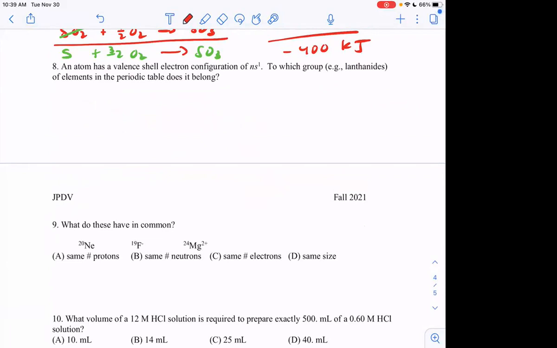So tell me what the group number is. 1, right? That's the alkali metals. Group 1 alkali metals, group 2 alkaline earth metals. And then, of course, you have your noble gases and your halogens. Chalcogens, but I never learned that one, and I don't think we ever asked that, so don't worry about that.